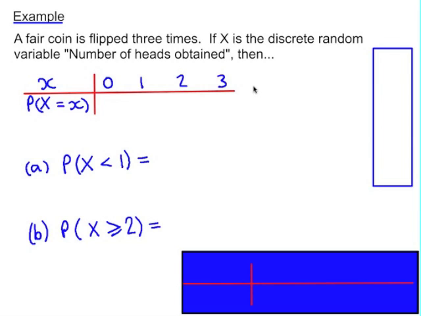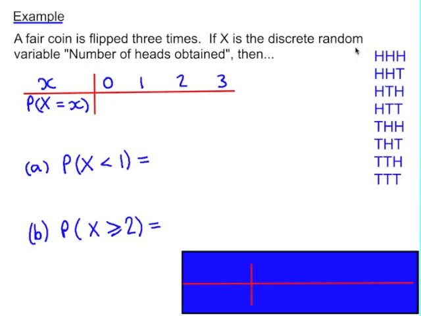Another example of a discrete random variable is x when we define x to be the number of heads obtained when we flip a fair coin 3 times. And you can see that there are 8 outcomes in our sample space. But just considering the number of heads obtained each time, the probability that x equals 0 is 1 out of 8.